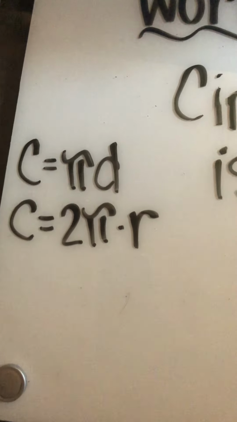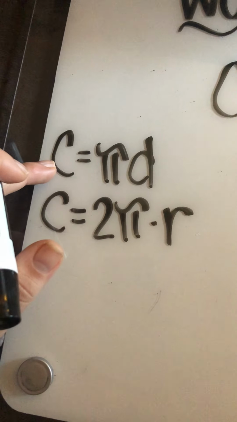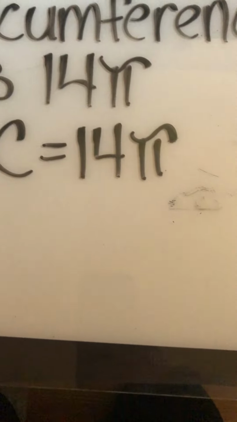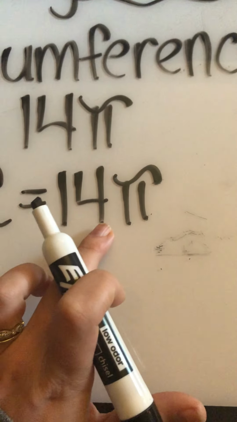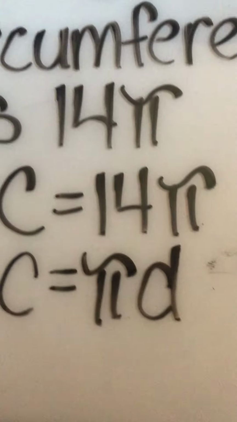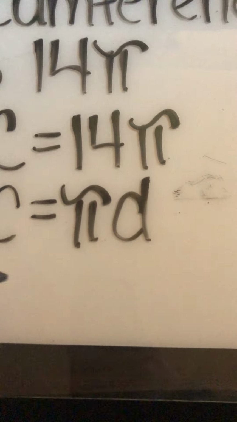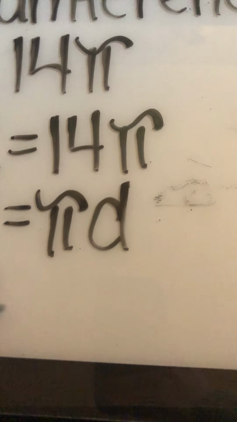So the formula that this one looks like would be C equals pi times d. Because if we look here, this is pi times some number. So if it's looking like this, C equals pi d, then what do you think 14 represents? 14 is going to be equal to our diameter.